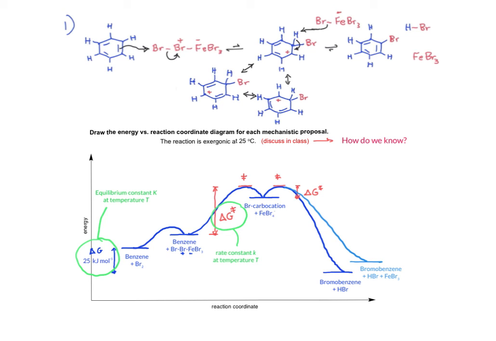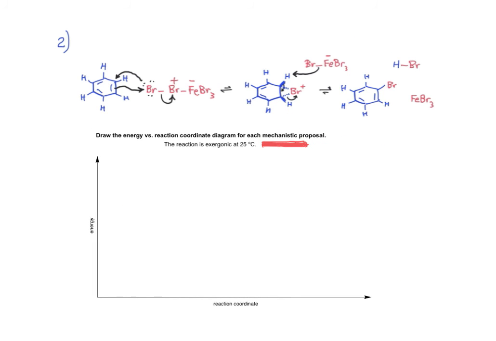Let's map an energy versus reaction coordinate diagram for the second mechanistic claim. This reaction coordinate diagram will map out very much like the other reaction coordinate diagram in terms of the energy of reactants versus products, delta G minus 25 kilojoules per mole.